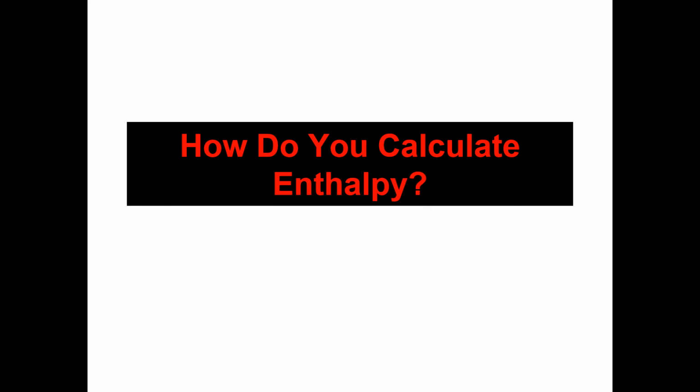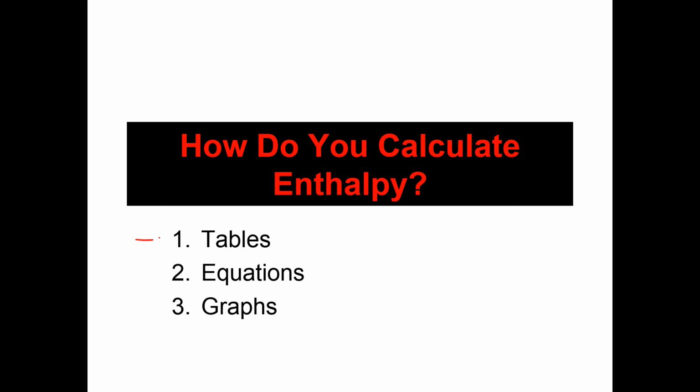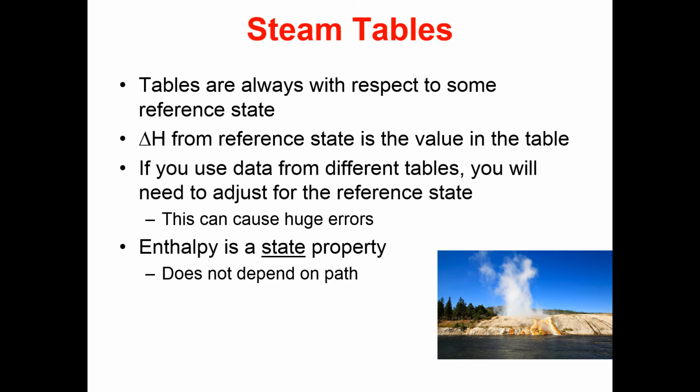So how do you calculate enthalpy? There are three things that you can do: tables, equations, or graphs. Steam tables are always with respect to some reference state. So it often reports an enthalpy, but really it's a delta enthalpy from a reference value.